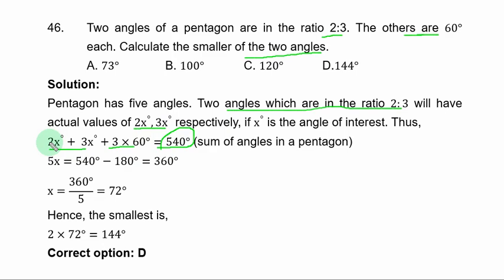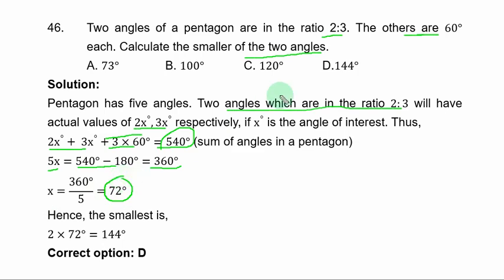So if you add 2s plus 3s, you have 5s. Here is 180 degrees. You transfer it to the right hand side and you have 540 degrees minus 180 degrees, and you have 360 degrees. To get s, divide both sides by 5 and s is equal to 72 degrees.